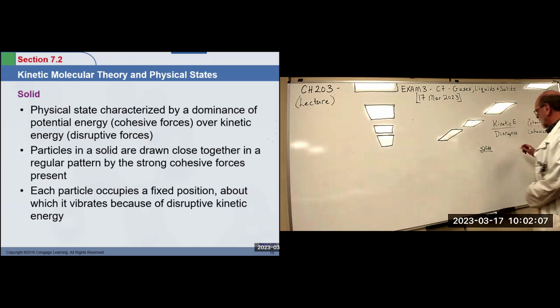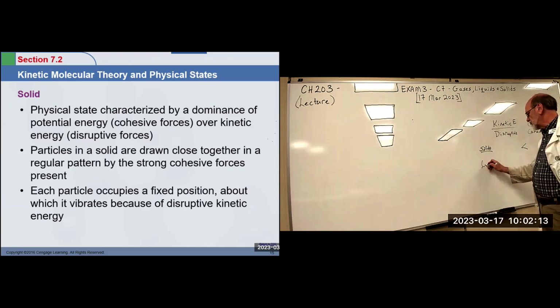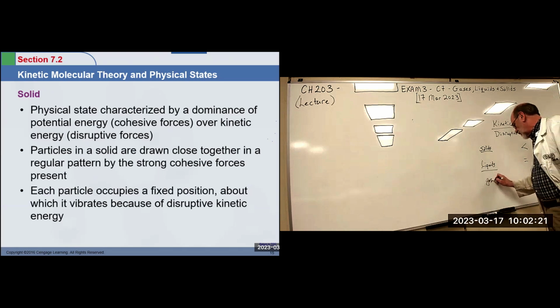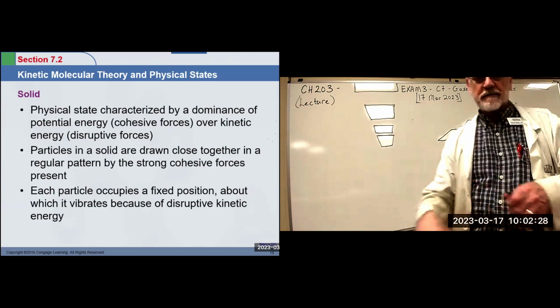That's not quite correct. This one is bigger than that one. There we go. Liquids are about equal, and gases are the opposite of solids. Disruptive forces exceed cohesive forces.